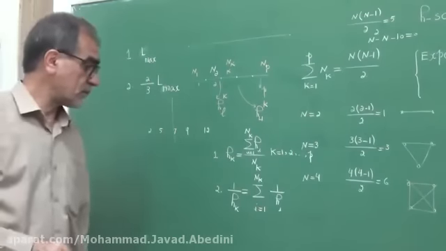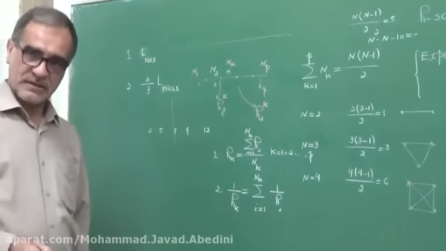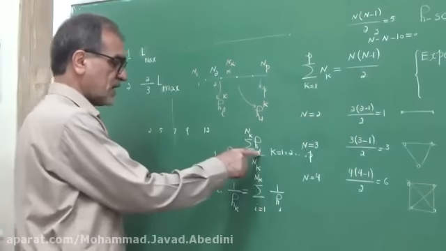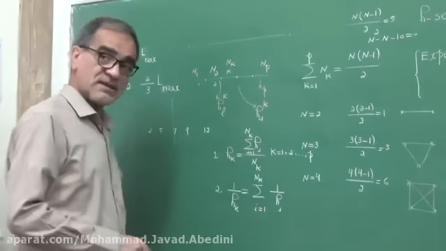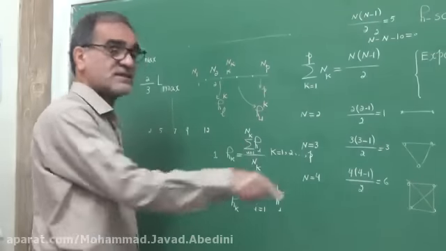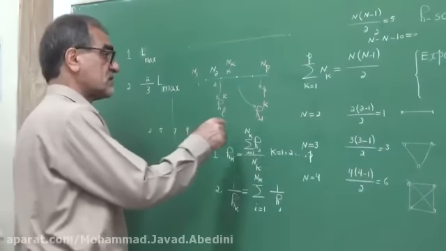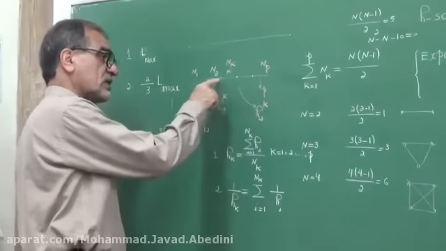These are H1, H2 up to H, and this n sub k is all separation distances that are less than this value and greater than this value.